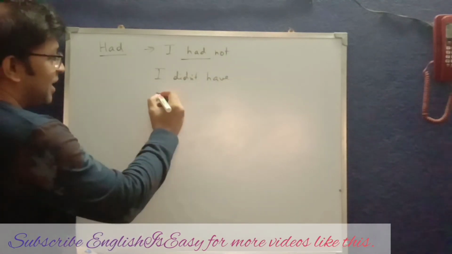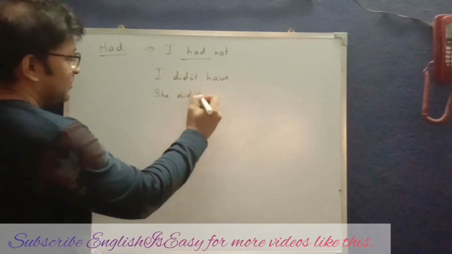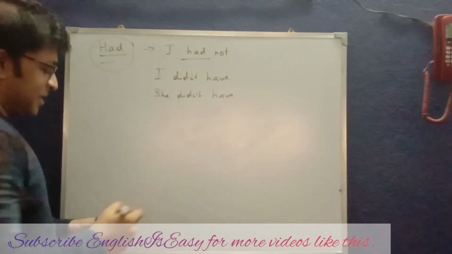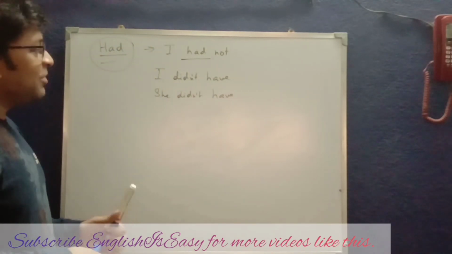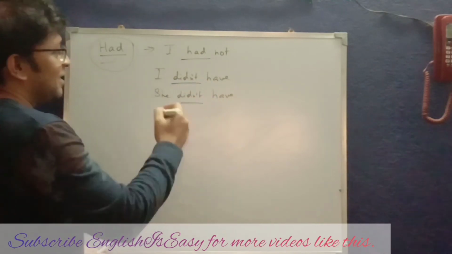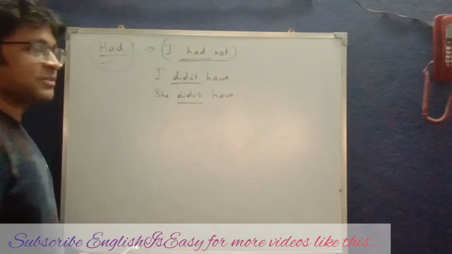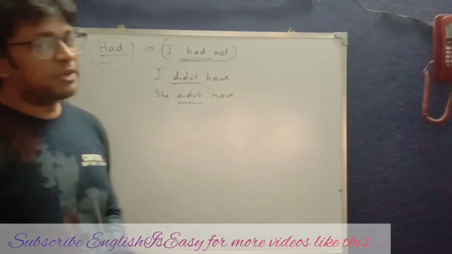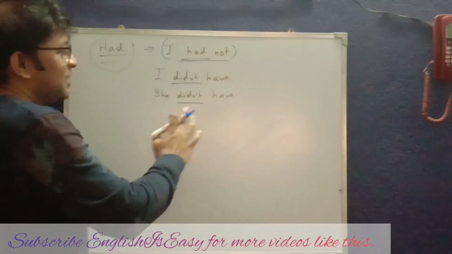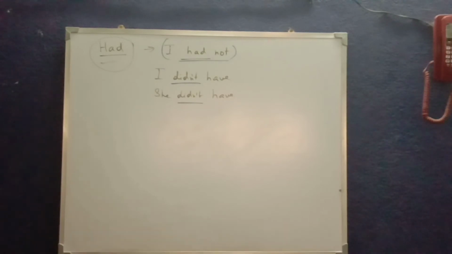She did not have. So in case of past form of the sentence, we are going to make the sentence like this, not like this, because this is used in the past form. You can find these things in Shakespearean language, they are not wrong, but in modern day English, we used to write it like this.